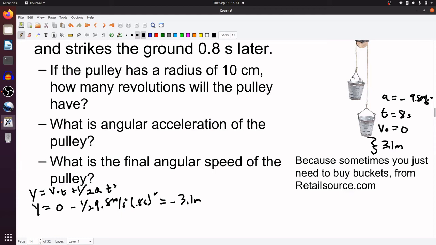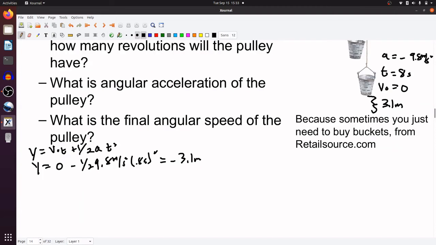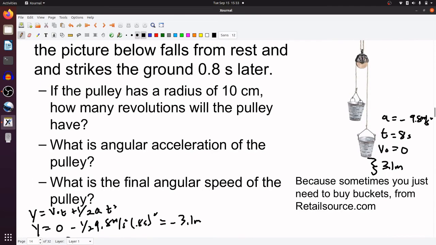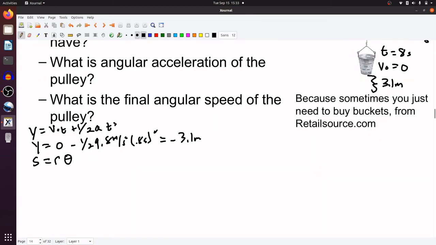Now, going back to the previous problem, we know the pulley has a radius of 10 centimeters. We want to know how many revolutions the pulley has. So how does this relate? The reason I did this is because I know that S is equal to R theta, and S is the length of rope that drops in 0.8 seconds, so S is equal to 3.1 meters.